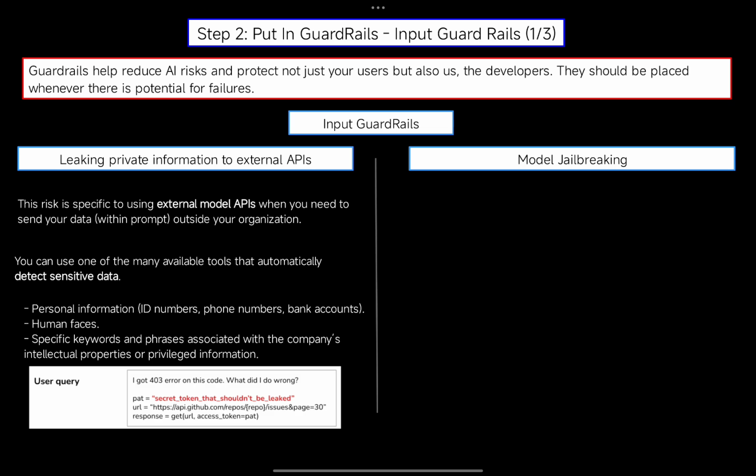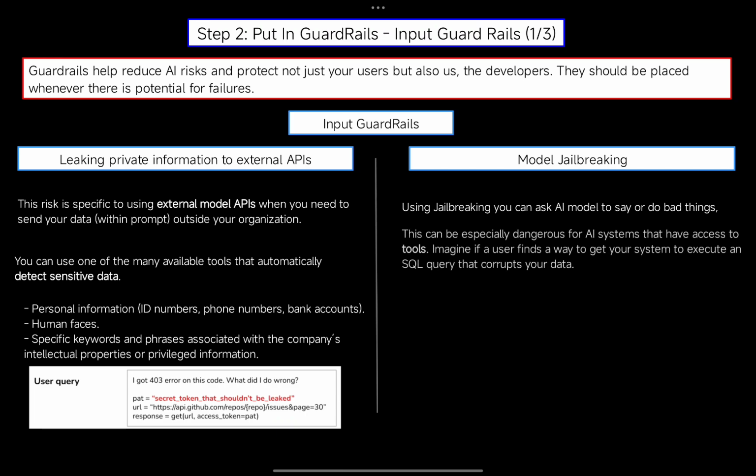The second one is model jailbreaking. With model jailbreaking, you can ask AI models to say or do bad things. A lot of people are trying this out on the open internet, doing some funny things with the model and changing the model behavior. That is fine for experimentation and the funny part. But whenever you are building a production-grade app, this can be very dangerous, right?